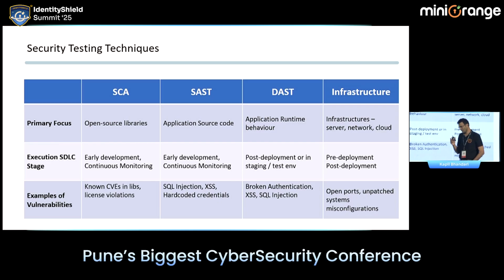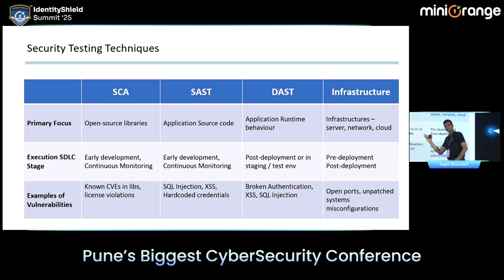There are many industry popular tools like Snyk, SonarQube, and they report all those security vulnerabilities in the form of CVE, common vulnerabilities and exposures, right? It will also tell you the policy violations and license related issues, whether you can use those open source libraries or not, right?